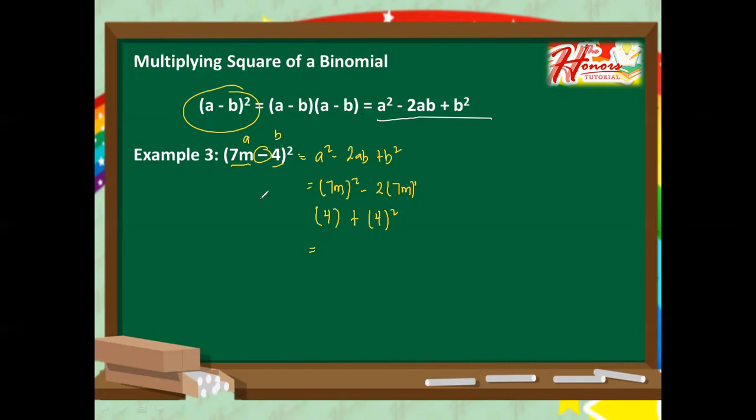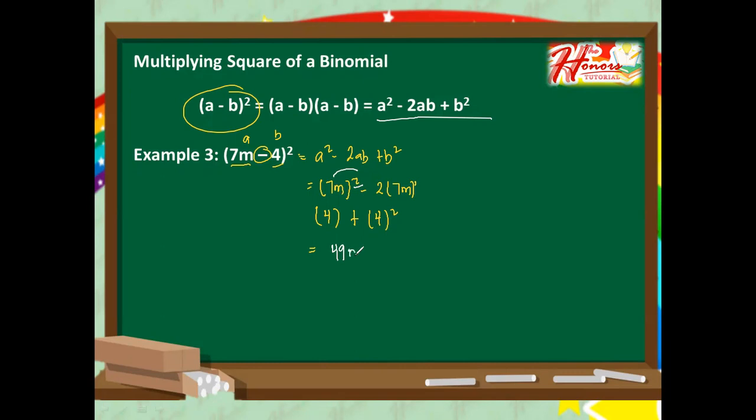And then let's solve it. So that is 7 raised to 2, that is 49. It is not 7 times 2, okay? It is 7 times 7 because we have here an exponent of 2. It is telling us how many times we are going to multiply the base to itself, and that is twice. So 7 times 7, that's 49.